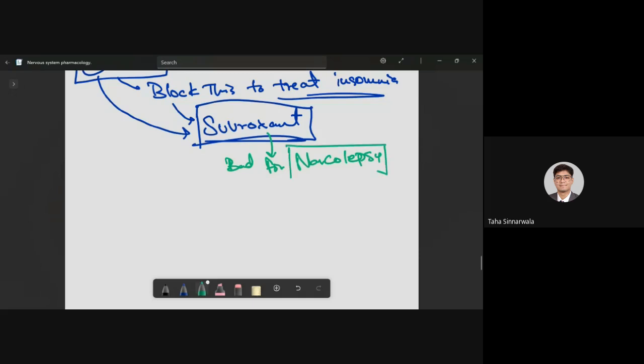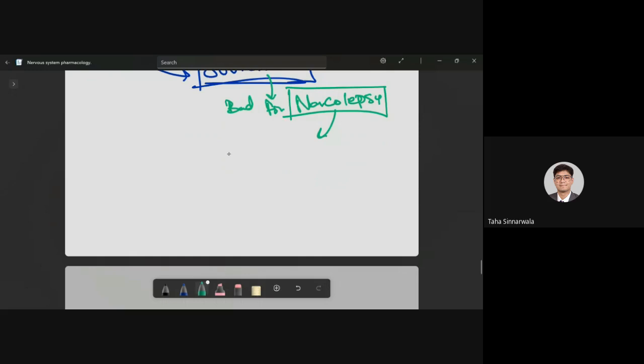And instead, what should we give for narcolepsy to help them? Not benzos. In the morning, you want to give them some kind of stimulant, so that is modafinil. And then in the evening, you give them a very special substance called sodium oxybate.